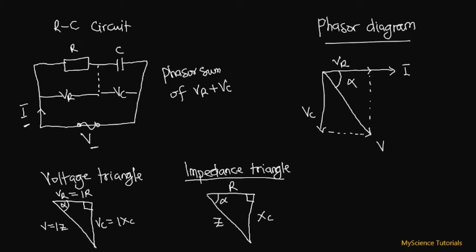Okay, so let's look at some of the parameters or some of the things that we can find from the voltage triangle and the impedance triangle. Now, if you want to find the applied voltage, we need to use the Pythagoras theorem.